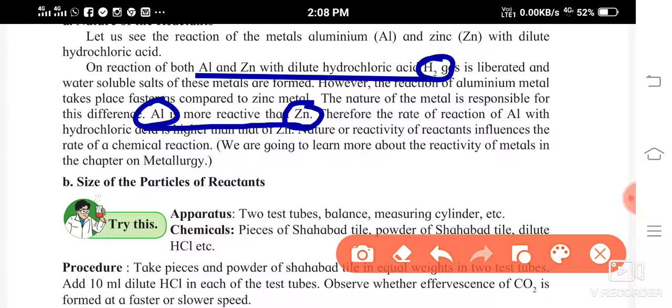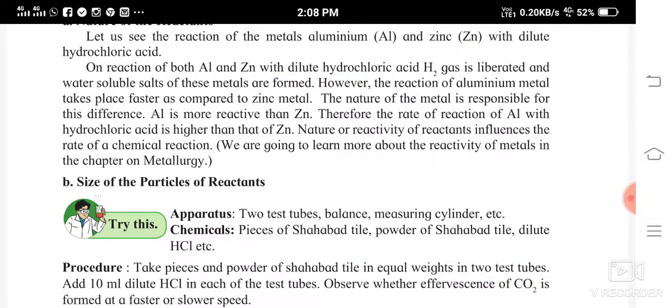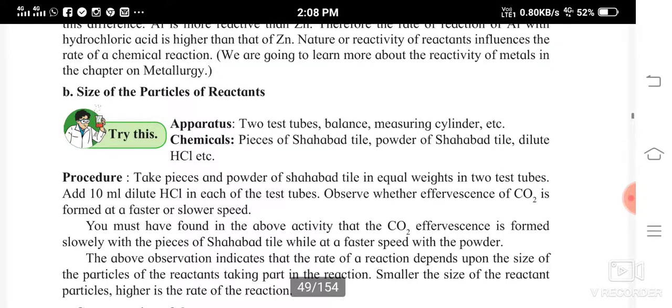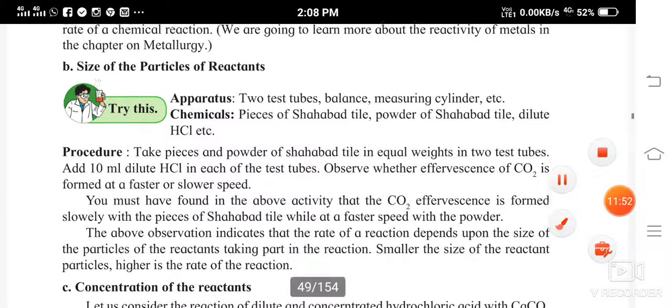So the nature of the reactant is going to decide the rate of the reaction. We are going to learn more about the reactivity of metals in which chapter? In the metallurgy chapter.